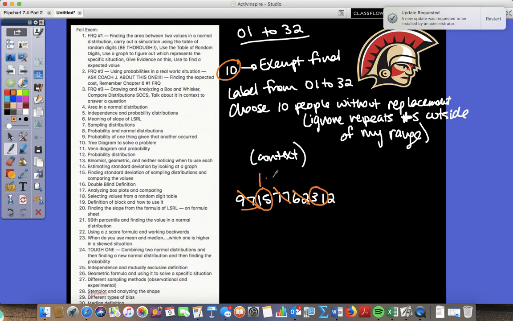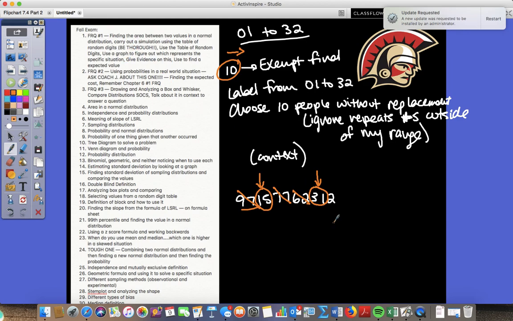So 15 and 31 would be the only two we would have within the context of the random digits that I randomly created. Being able to show that on an FRQ is very important, but really being able to describe it. So make sure you go over that.